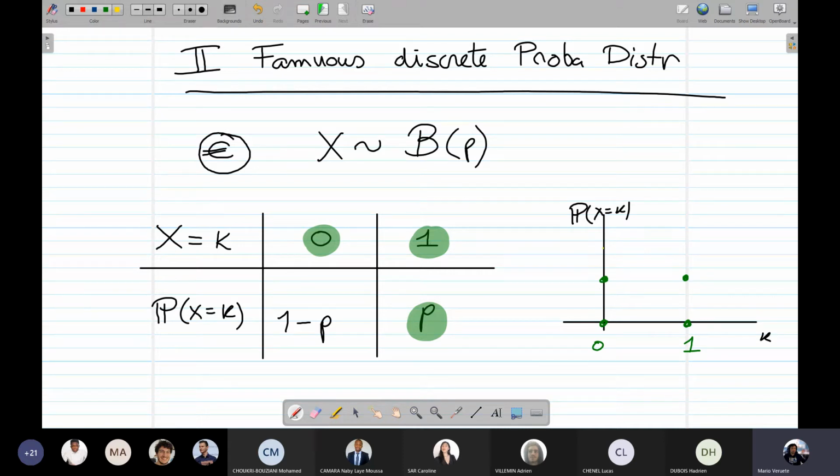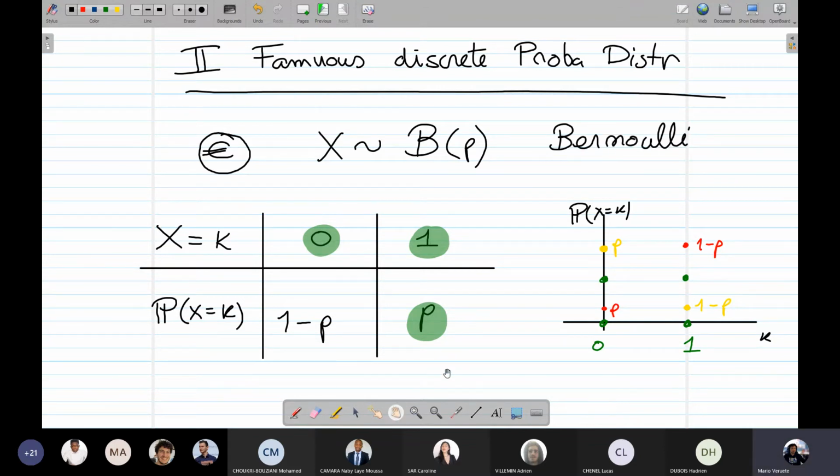But if you have a tricky coin, maybe it's more likely to have a 0 value than 1. In that case, this is p, and this is 1 minus p. Or of course, if this is p, this will be 1 minus p. Okay, you get it, I think. So depending on the value of p, it is more likely to take 1 or 0. So that's the Bernoulli distribution.